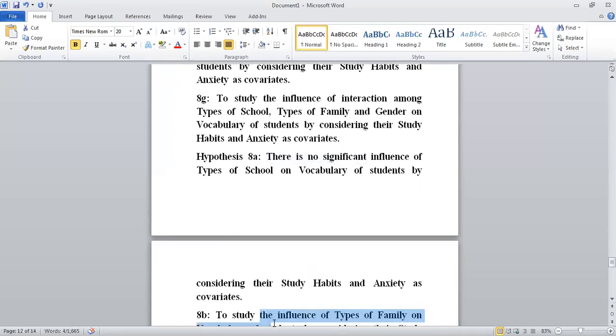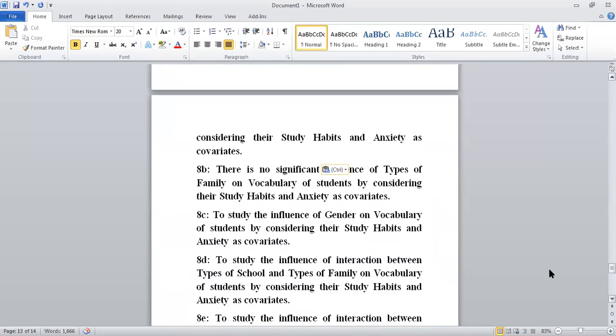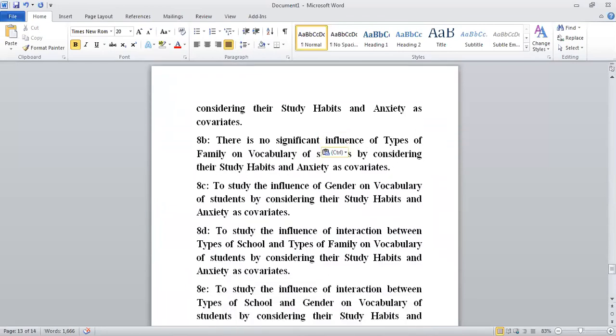Now 8B hypothesis will be something like this. 8B hypothesis will be that there is no significant influence of types of family on vocabulary of students by considering their study habits and anxiety as covariate.